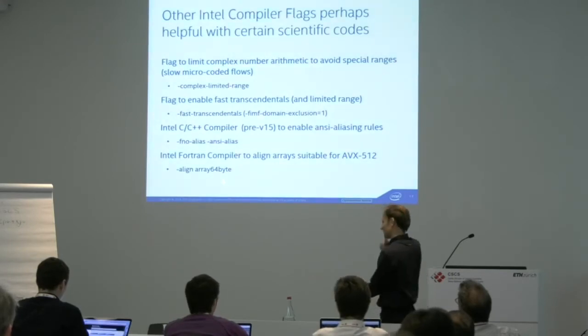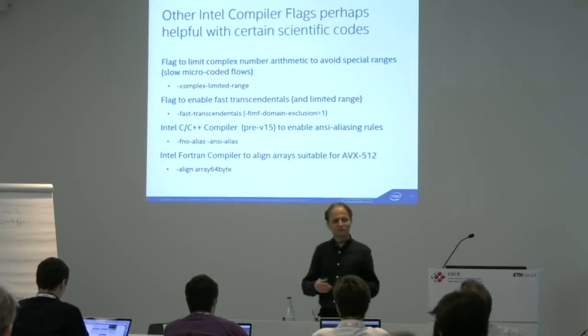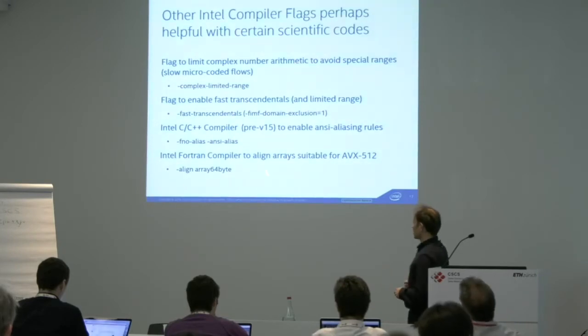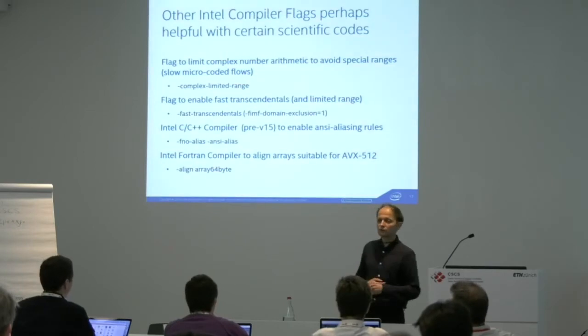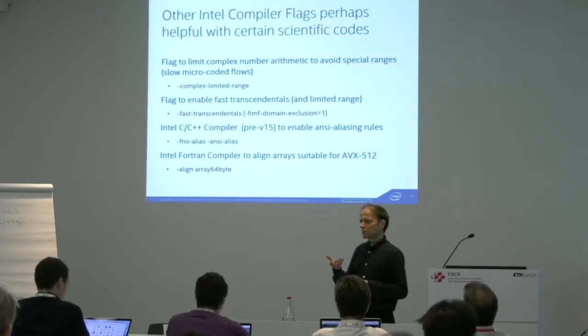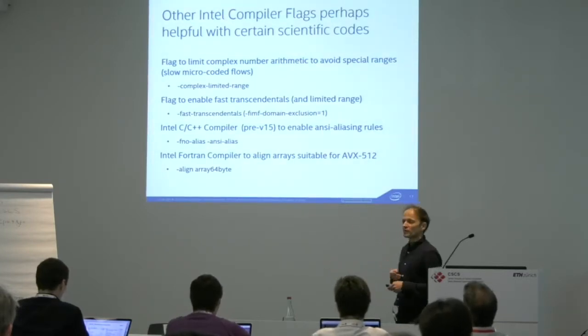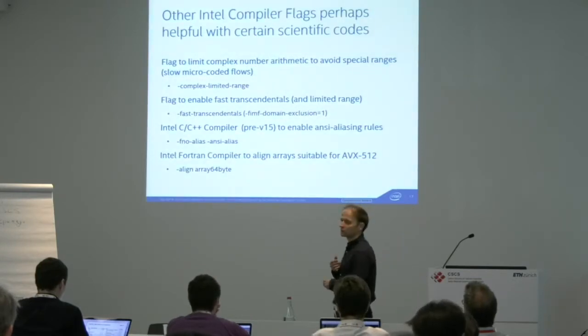And then you wanted to add aliasing on top of it, but only according to ANSI rules, something like this. This helped quite a bit with older compilers. And also, since 5 years, there is something on IFORT specifically, because you often deal with fixed shapes, or known shapes for arrays.